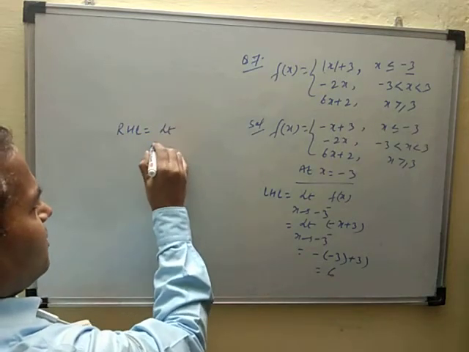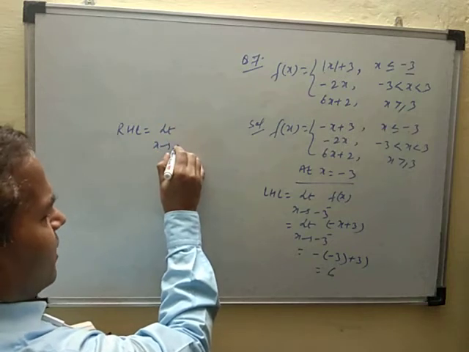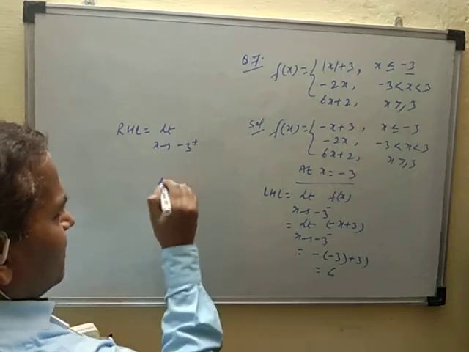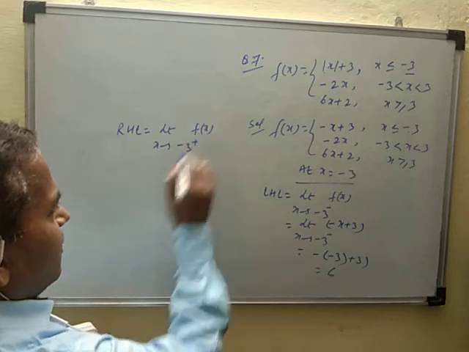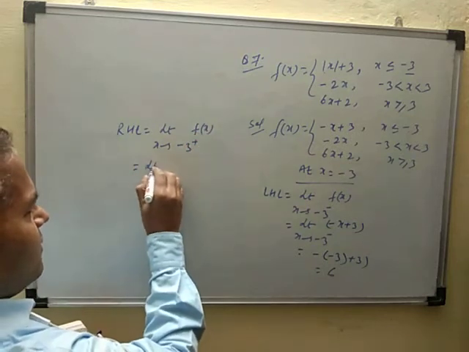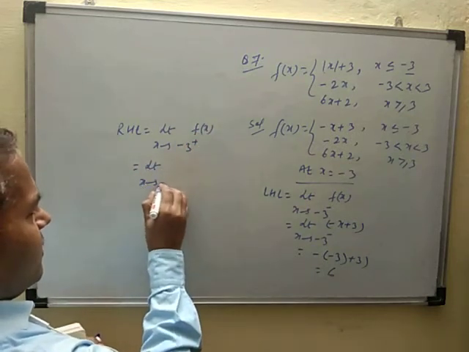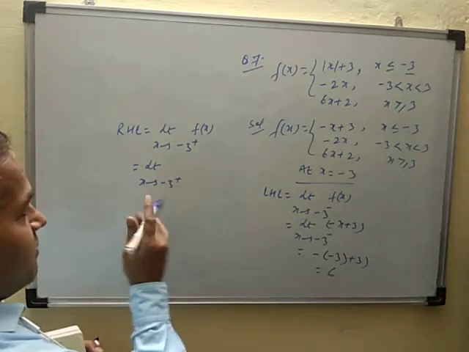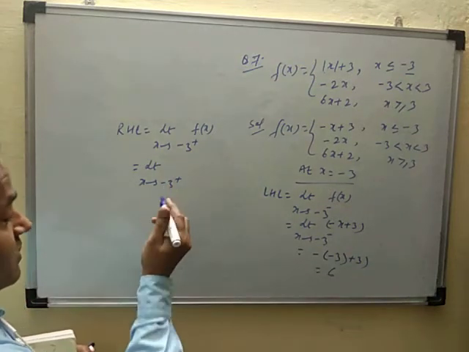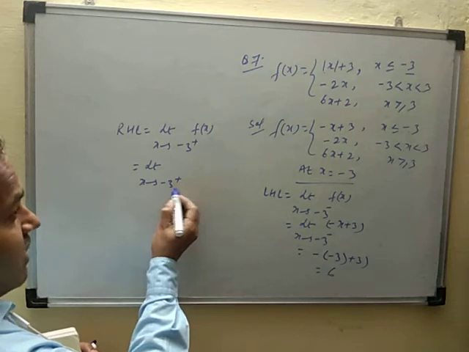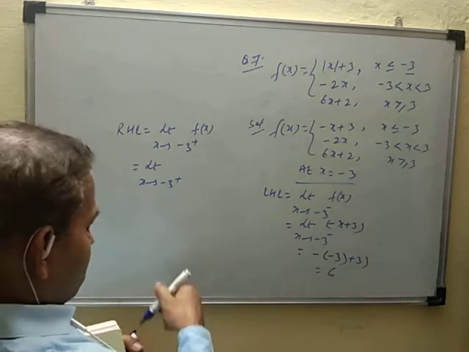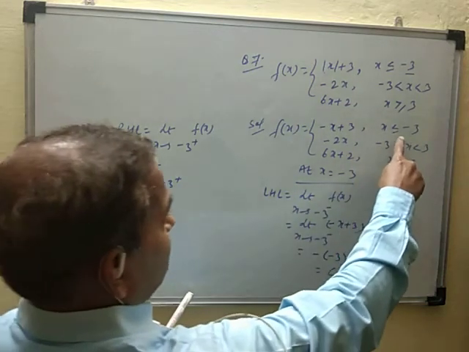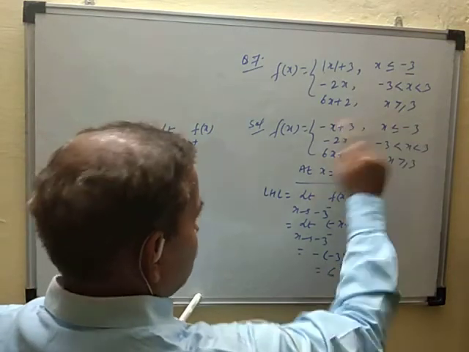So RHL is equal to limit x tending to minus 3 plus f of x. What is the value of f of x? Here greater than minus 3. Minus 3 से greater, यहाँ value क्या है? minus 3 से less or equal to.